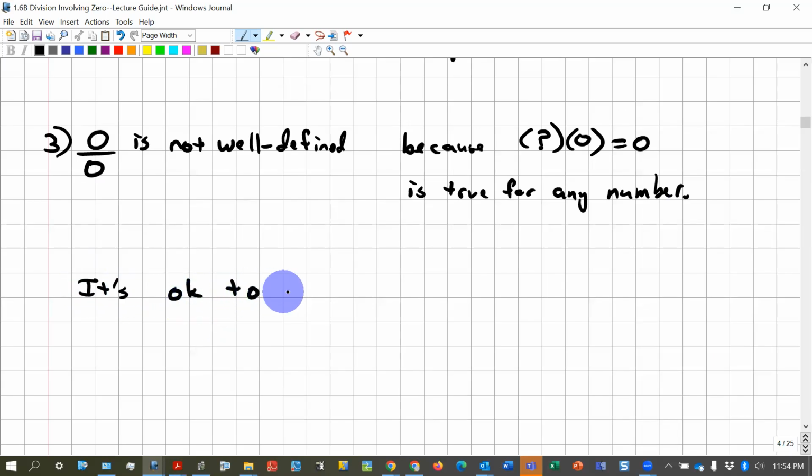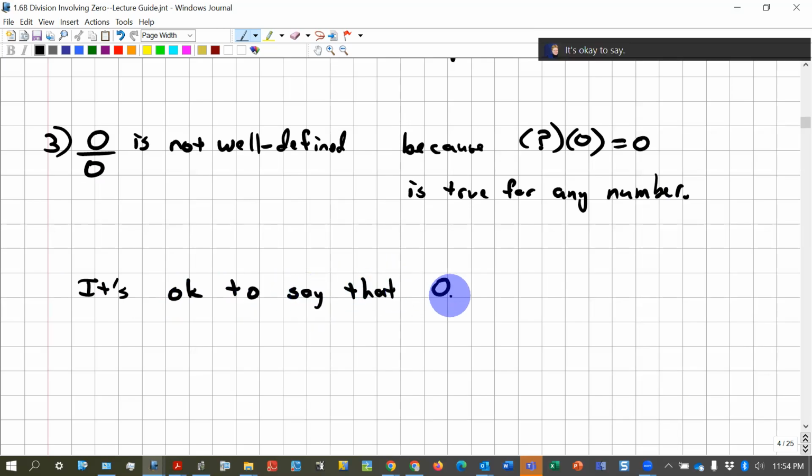It's okay to say that 0 divided by 0 is undefined. The actual problem is that it has too many definitions, and so we throw them all out.